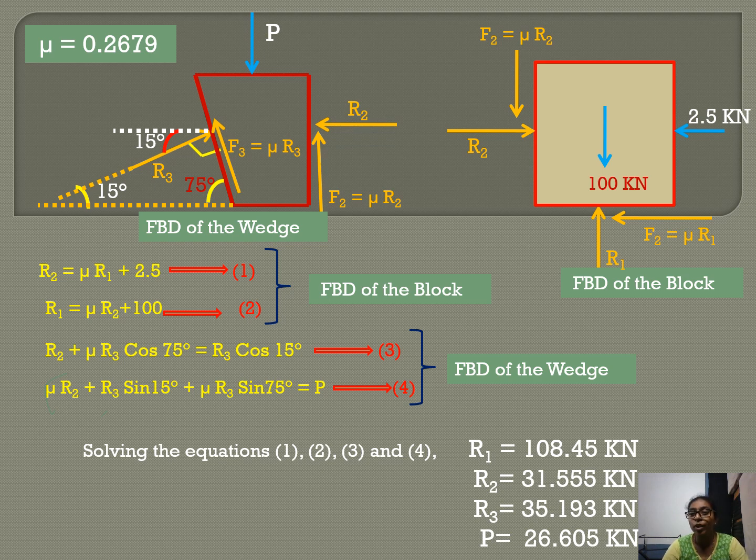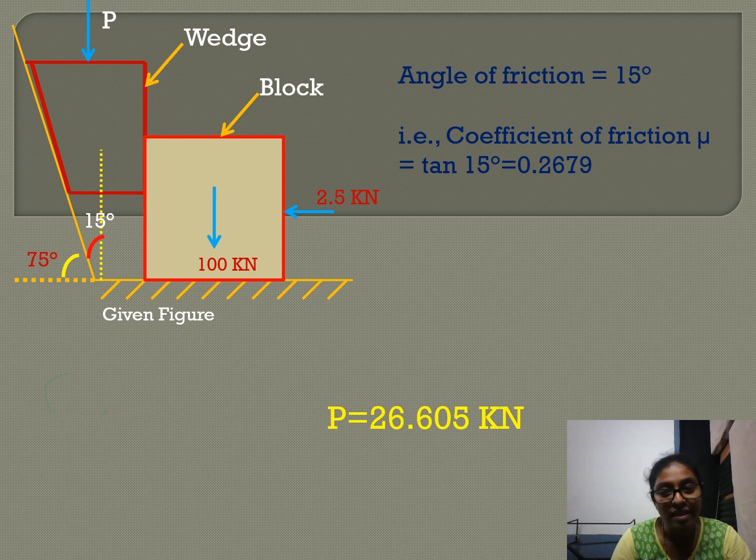The first 2 equations are from the free body diagram of the block and the third and fourth equations are from the free body diagram of the wedge. So we have 4 equations and 4 unknowns. Solving these 4 equations, we get the values for R1, R2, R3 and P. So the total force required to move the wedge downwards is 26.605 kilonewton. Thank you.